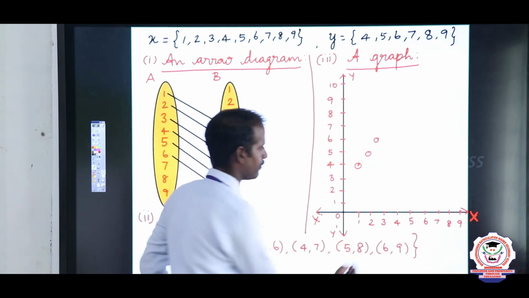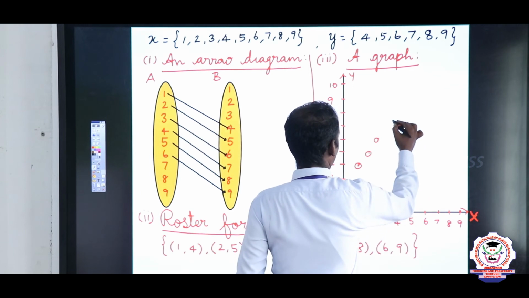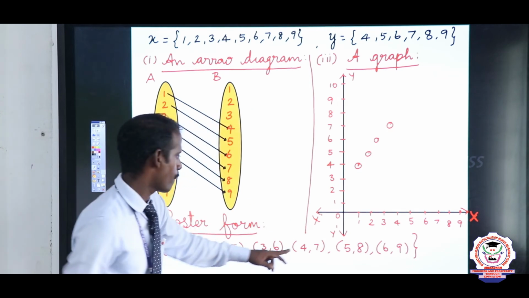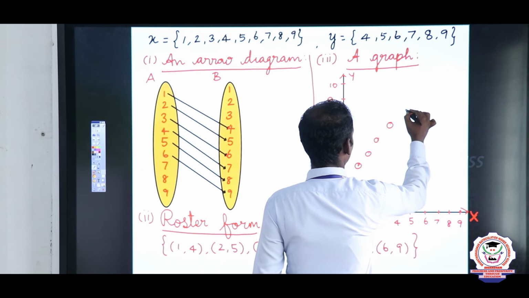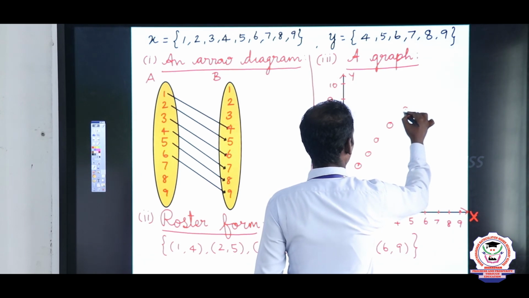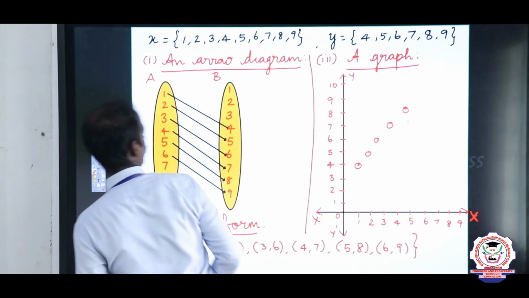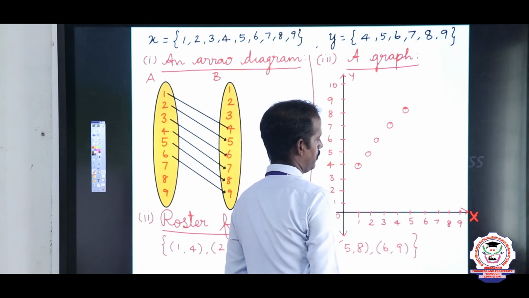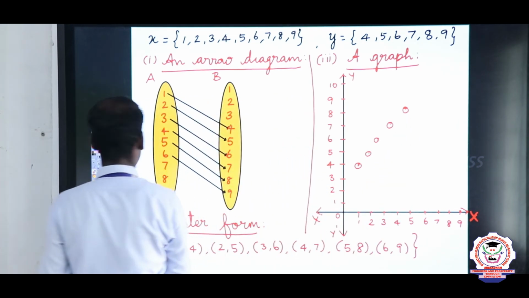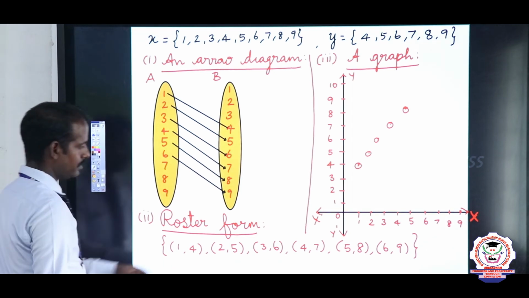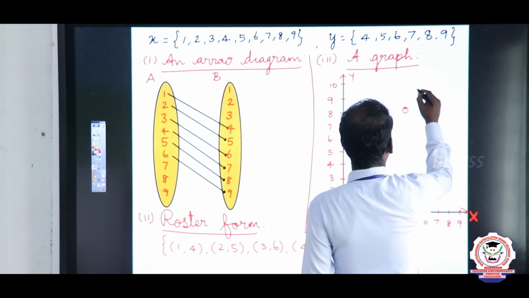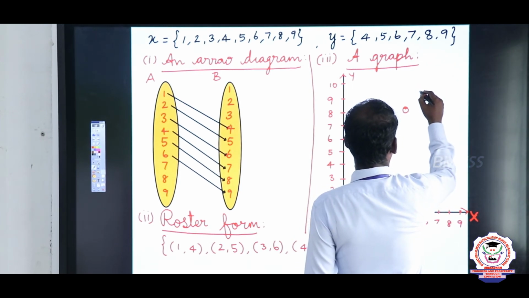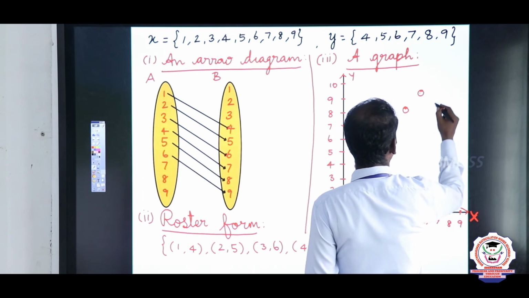Fourth point 4, 7. Next 5, 8. Next 6, 9.